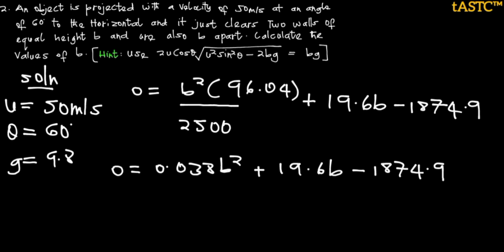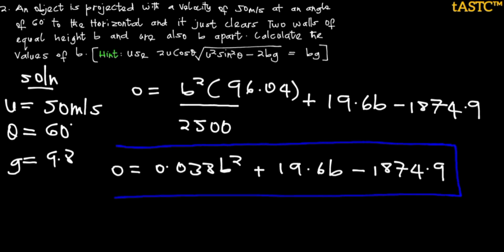If you plugged in this expression into your calculator, you're going to find that b, that is one value of b, I'm going to write that as b1. That will be equal to minus 598.26 meter.